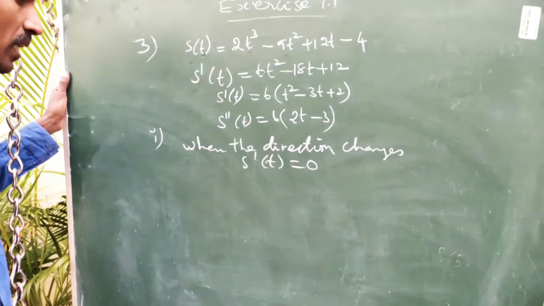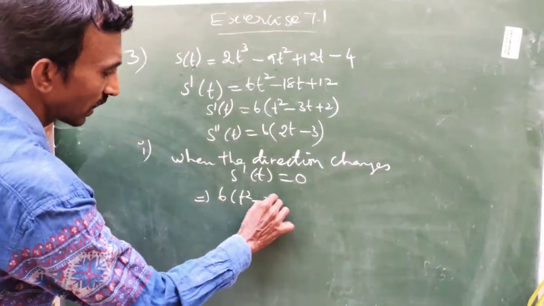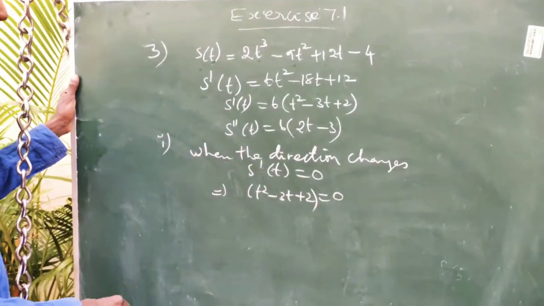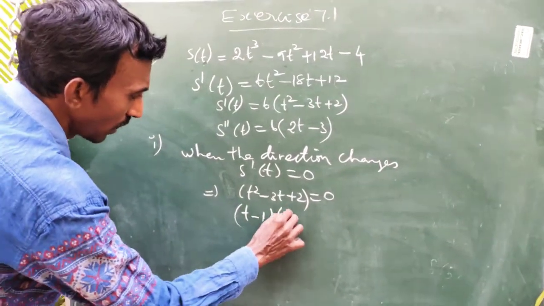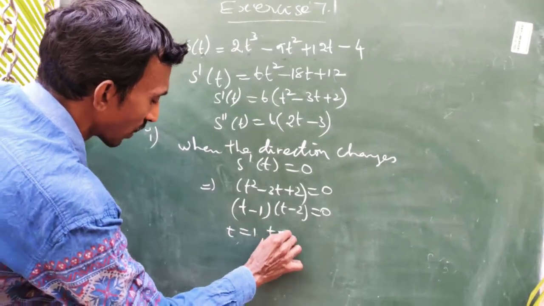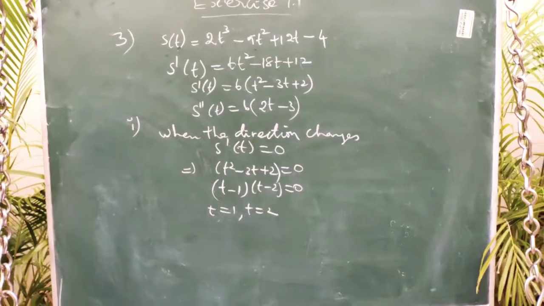Which implies 6 into t square minus 3t plus 2 equal to 0. We can leave that 6. So factorize it: t minus 1 into t minus 2 equal to 0. So t equal to 1 or t equal to 2. So at two times it changes its direction.